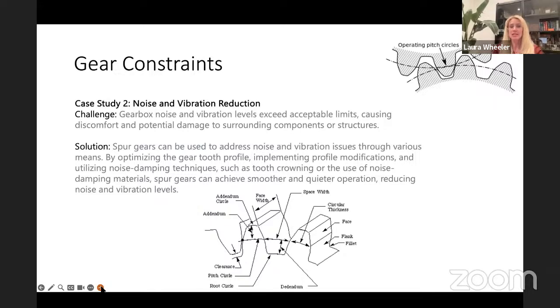One of those is the gear tooth profile. So if I want to reduce noise, or if I want to reduce vibration, I have to consider the profile of the gear tooth. I can implement changes to that profile, and I can also utilize noise damping techniques such as tooth crowning or the use of noise damping materials. Then they can achieve a smoother and quieter operation, reducing noise and vibration.